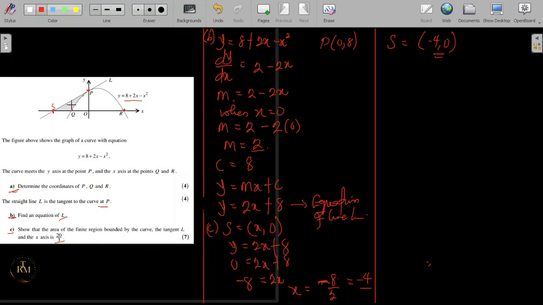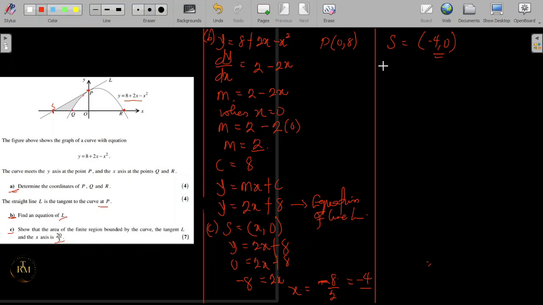Then for the curve, because the curve actually has a part in this shaded region, let me just say this: the shaded region is above the curve, but it's below the straight line. So that's why we're going to be using two of them. But for the curve, you would observe that the limits are from minus 2 to 0.